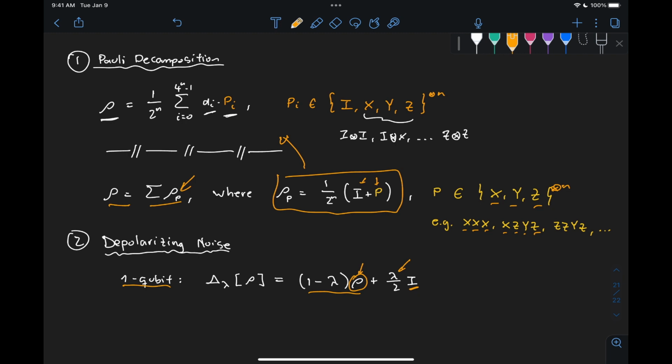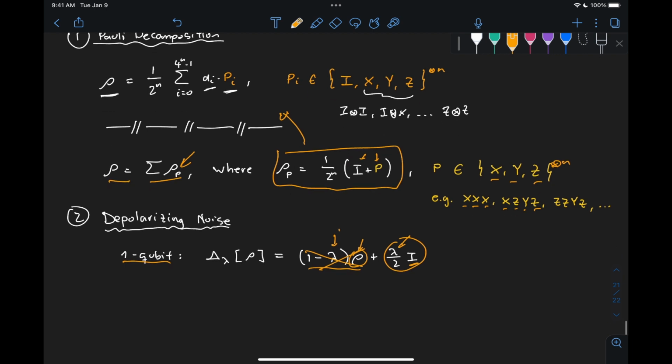And if lambda is equal to 1, we have the maximum amount of depolarizing noise. And then, if this is 1, this will go to 0, and all we have is an identity matrix. And anywhere in between, we would just have some mixed state of our original state and the identity matrix.